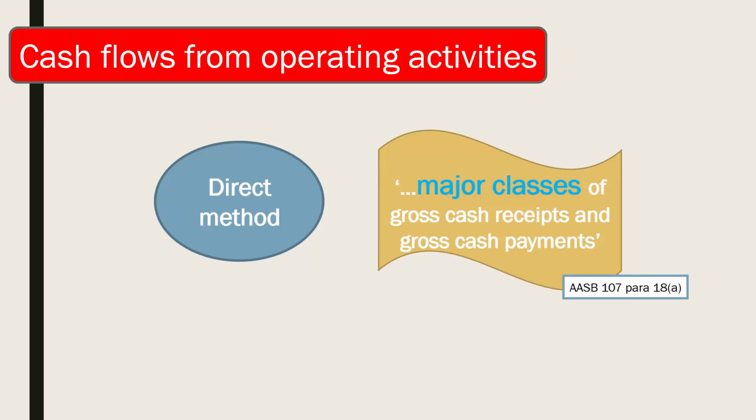The direct method of reporting cash flows from operating activities discloses major classes of gross cash receipts and gross cash payments.